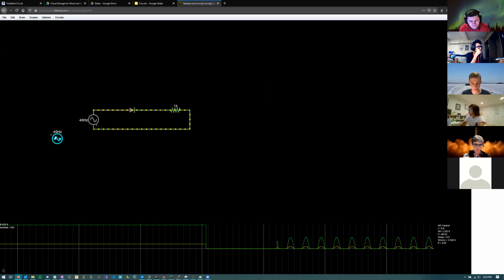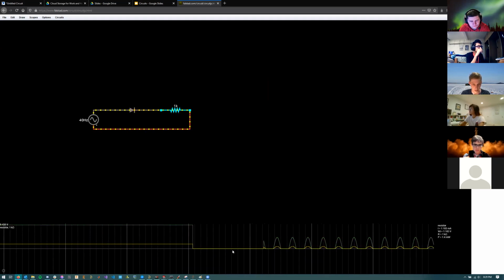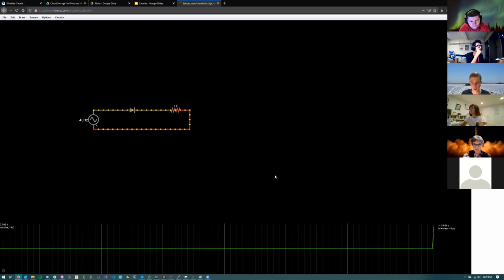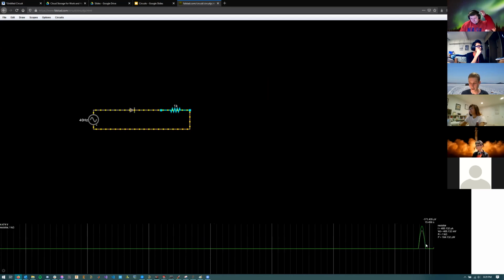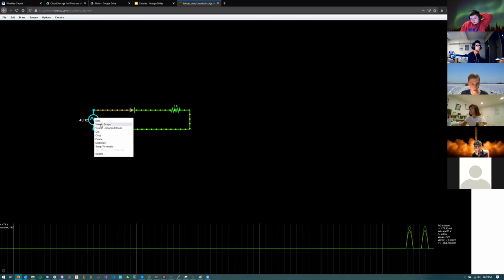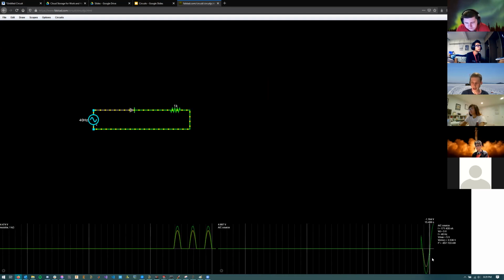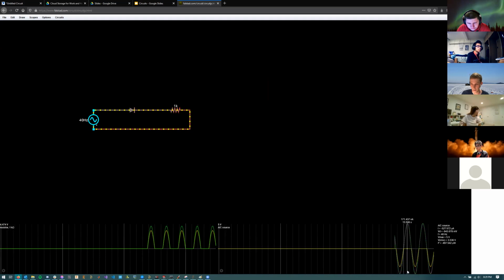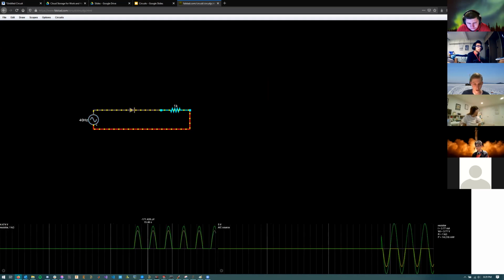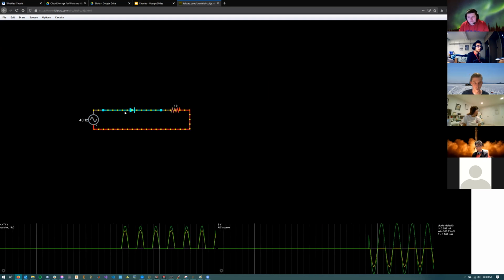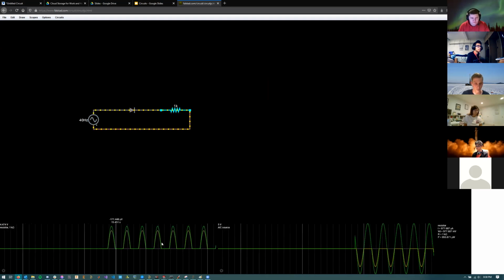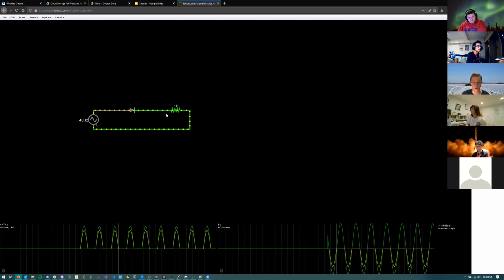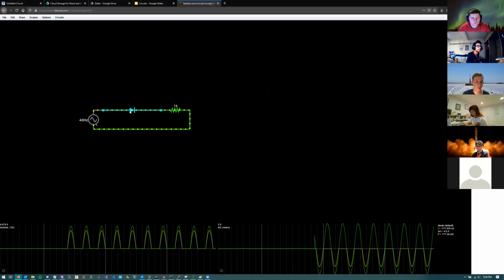So we take and remove these scopes, and we put a scope on this resistor. Let's also put a scope on the AC voltage source. You see that the AC voltage source goes all the way to the bottom and all the way to the top, whereas across your resistor, which is forcing the current to go through the diode, you only get the top half, because current can only flow when permitted by the diode.